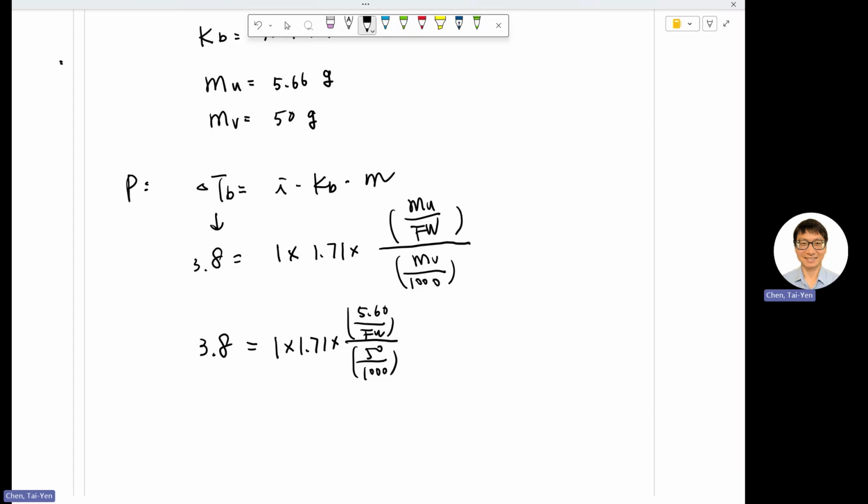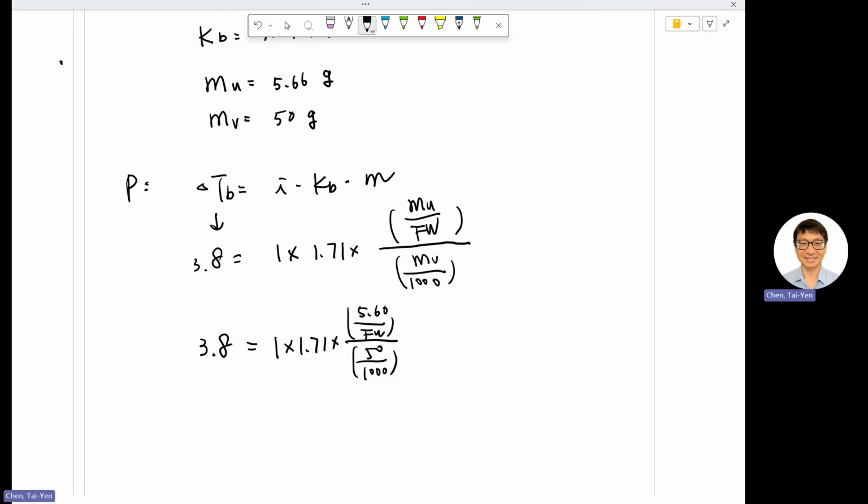The difference between C and K is just the offset, right? K is C plus 273. But here you don't calculate the absolute temperature. You want to know the differences. So that offset will cancel out. So it doesn't really matter whether you calculate K or C, they are the same thing. Okay, make sense?